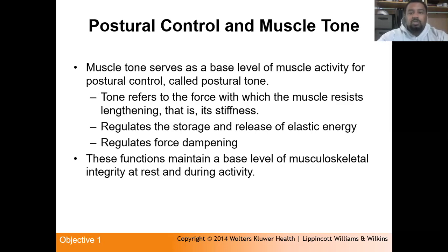So posture control and muscle tone go kind of hand in hand. Muscle tone serves as a base level of muscle activity for postural tone. Basically, muscle tone refers to the stiffness or elasticity of the muscles when things happen.